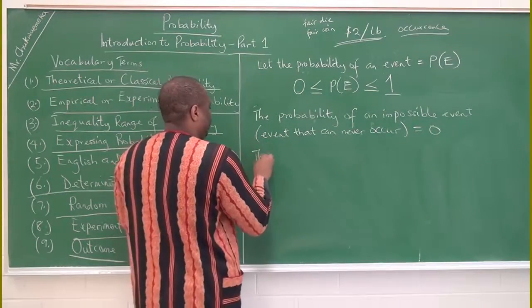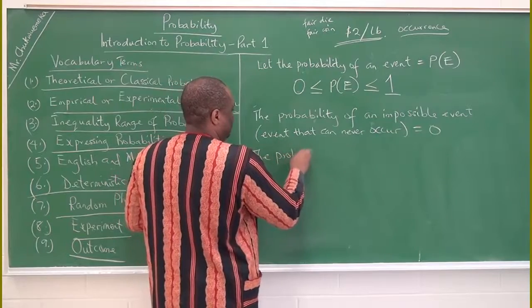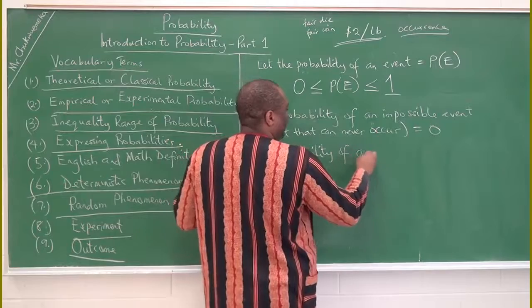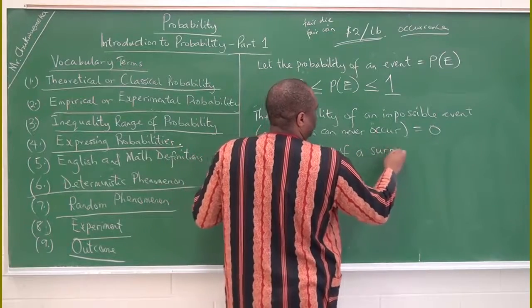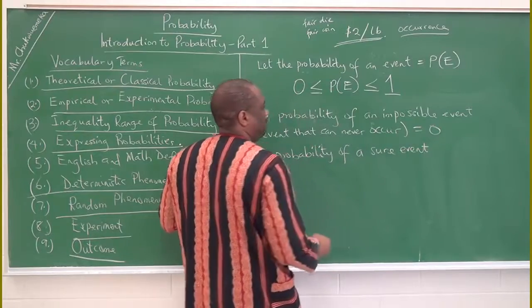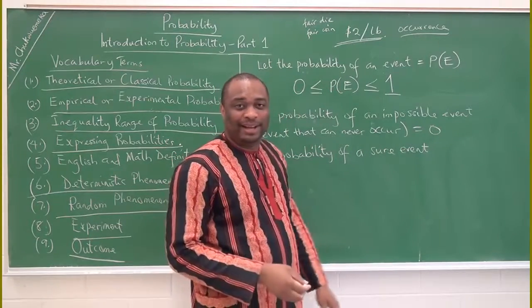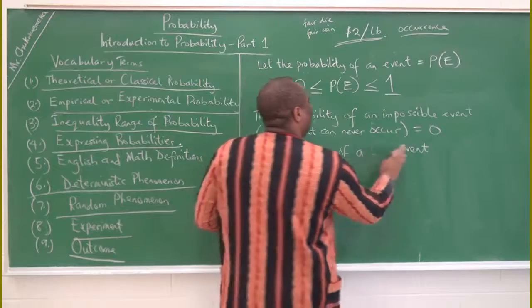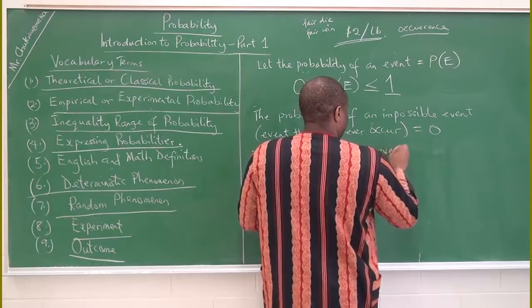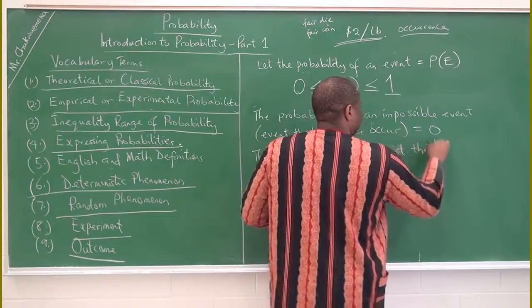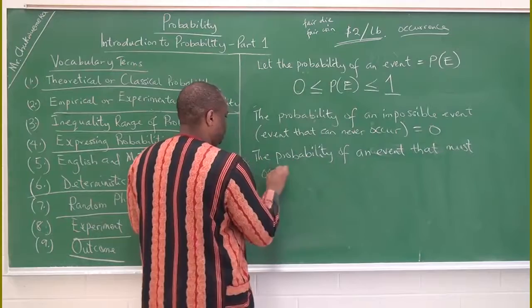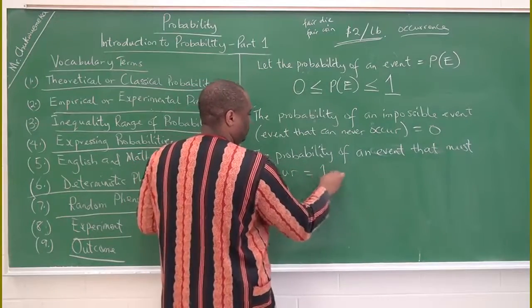The probability of a sure event, or let me say, of an event that must occur, is equal to 1.